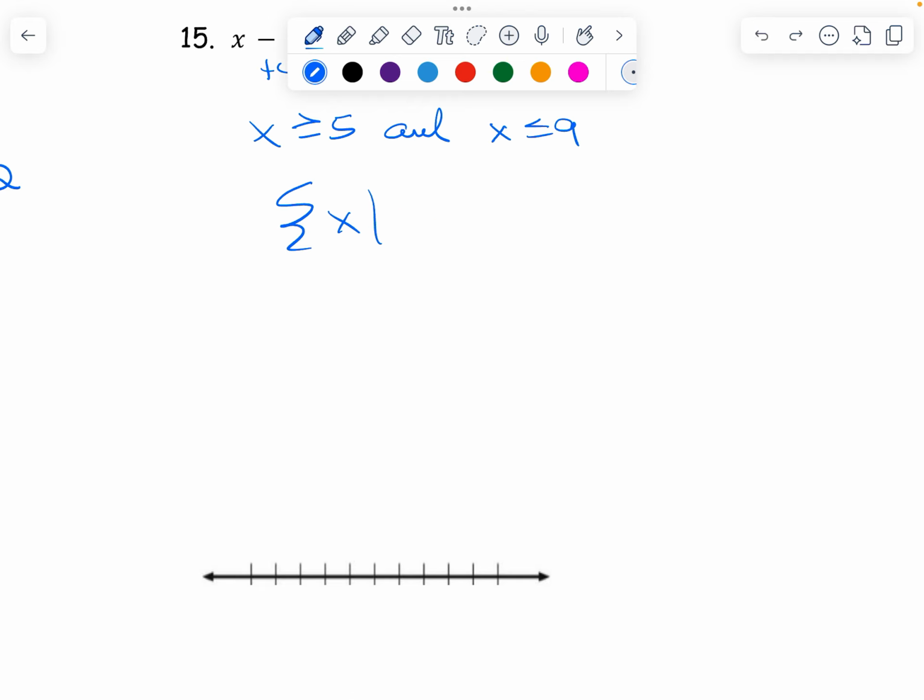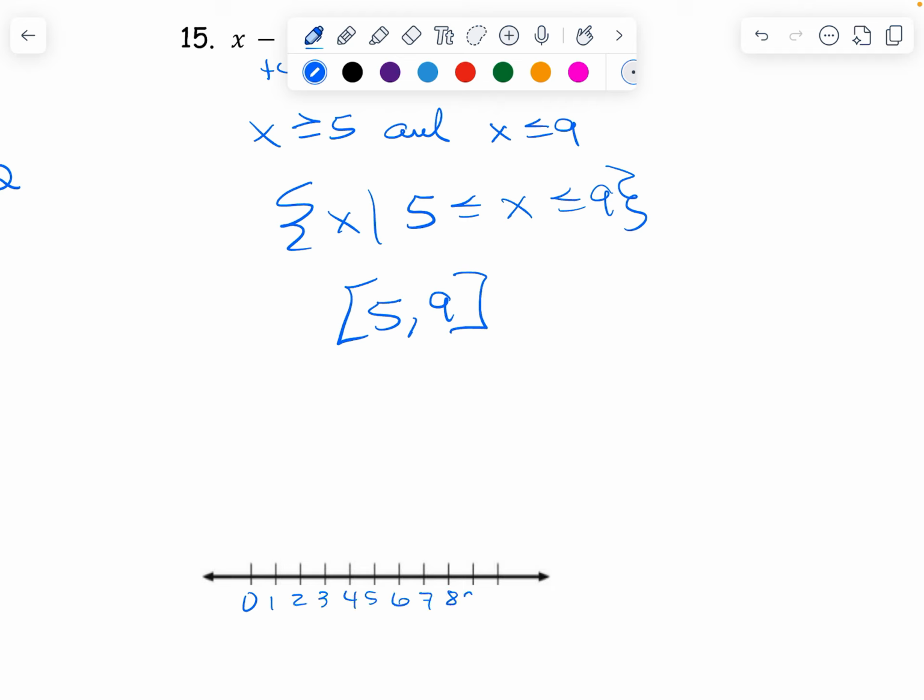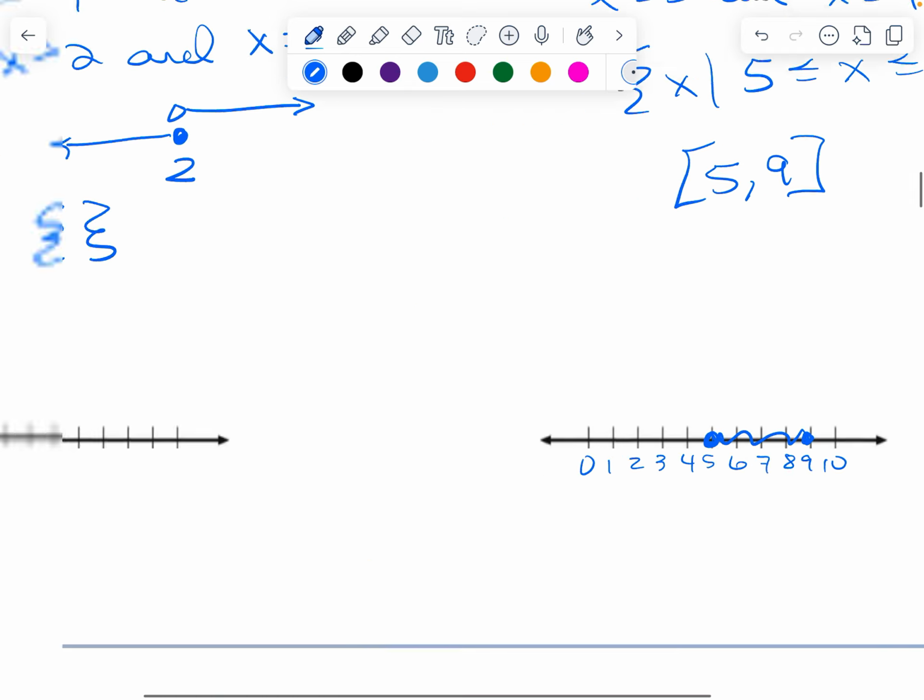The lowest number is 5. The highest number is 9. 5 to 9. 0, 1, 2, 3, 4, 5, 7, 8, 9, 10. So it's closed out at 5, closed out at 9, and all the stuff in between.